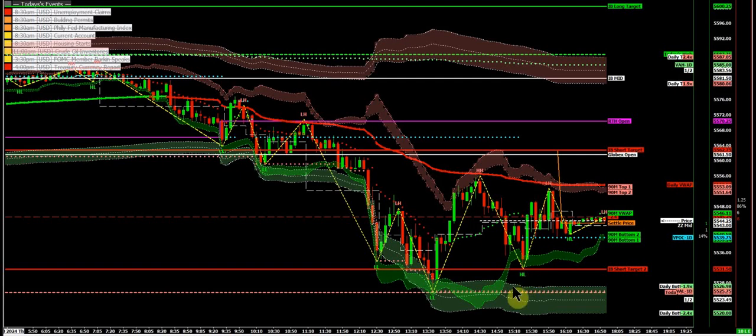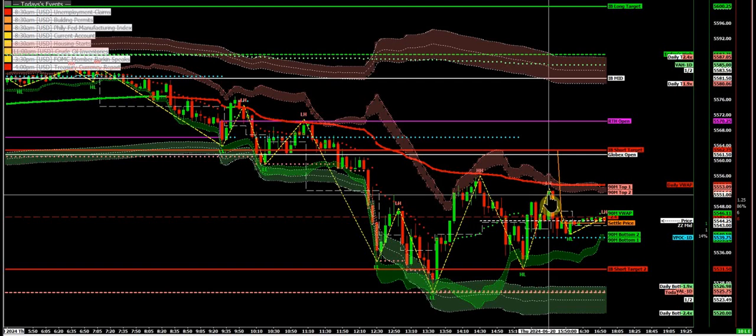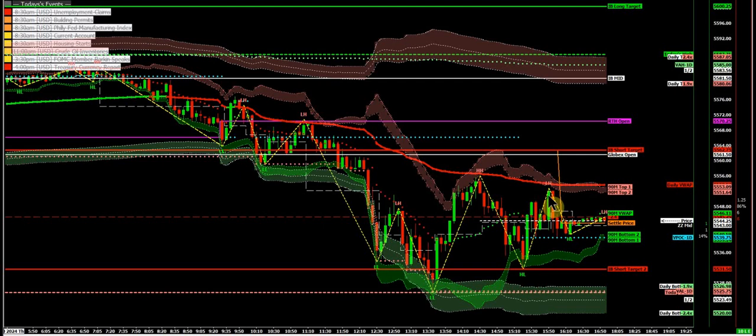And where's our target? That 90-minute cloud, right? Then you can see it popped back up almost to the 90-minute cloud, almost to the VWAP, and that was on the 1550 candle.